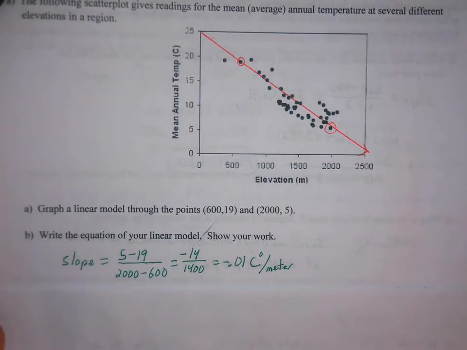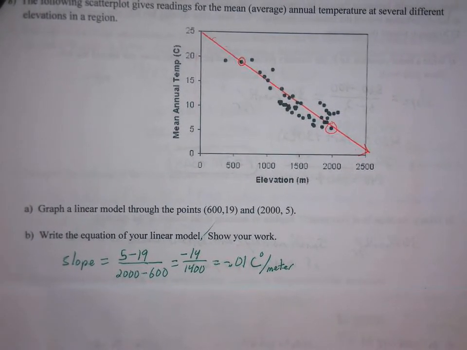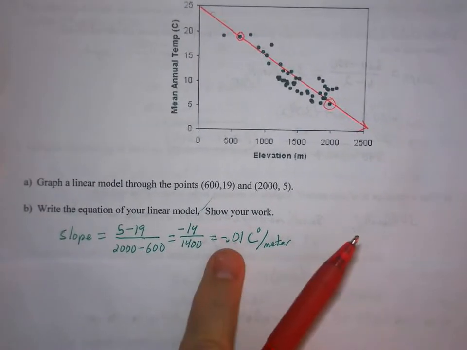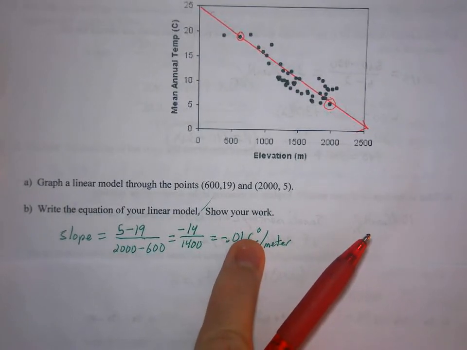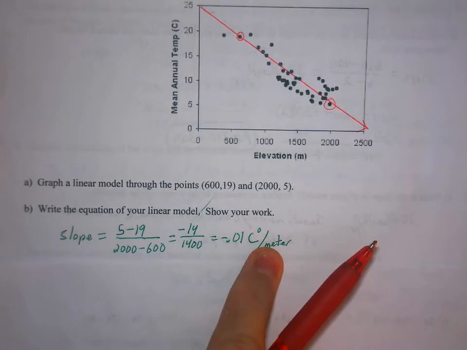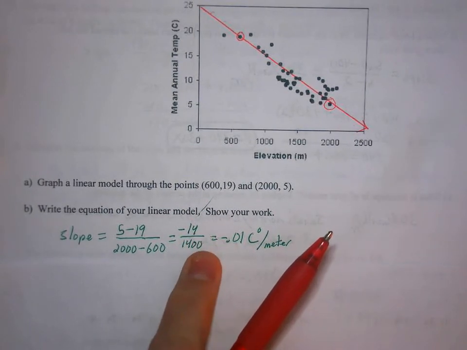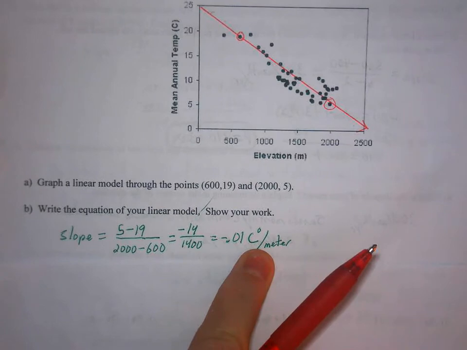Every single time, that's how you find rate of change. So that works out to about negative 0.01 degrees Celsius per meter. So we subtract the degrees Celsius on top, meters on the bottom, so those are our units.